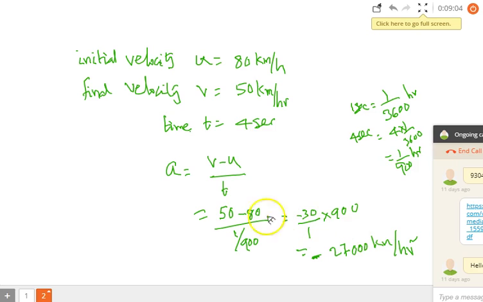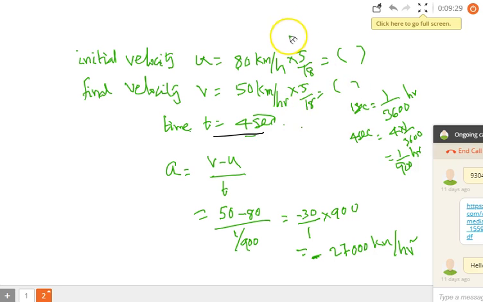So sir, is it necessary to convert the seconds only? Absolutely, because this is seconds, convert it into hours. If not, kilometer per hour has to be converted into seconds, multiplying by 5 by 18, and it will take some time.